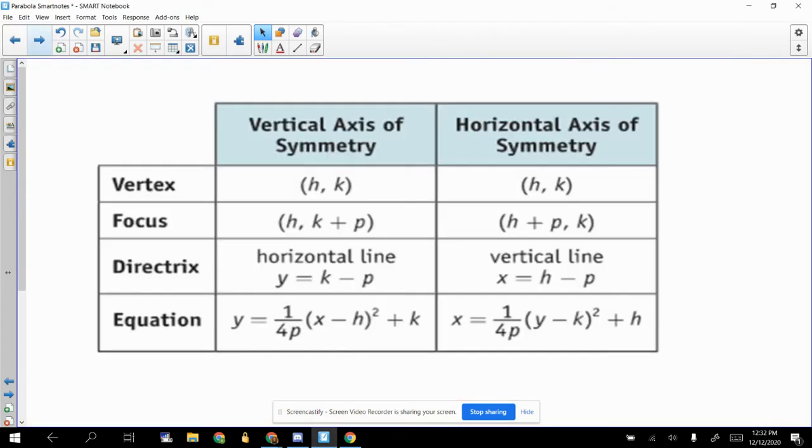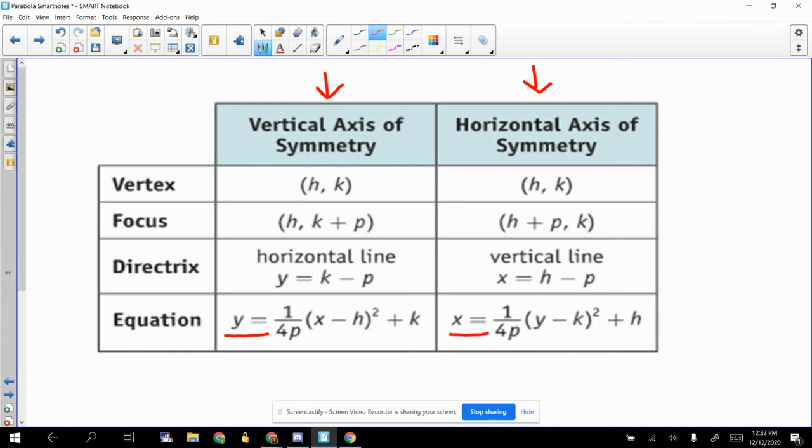All right, I know we talked a little bit about this in class, and today we're going to focus on this here: vertical axis of symmetry, meaning it's going to be a y equals equation. Tomorrow we'll focus on horizontal axis of symmetry, meaning it'll be an x equals.